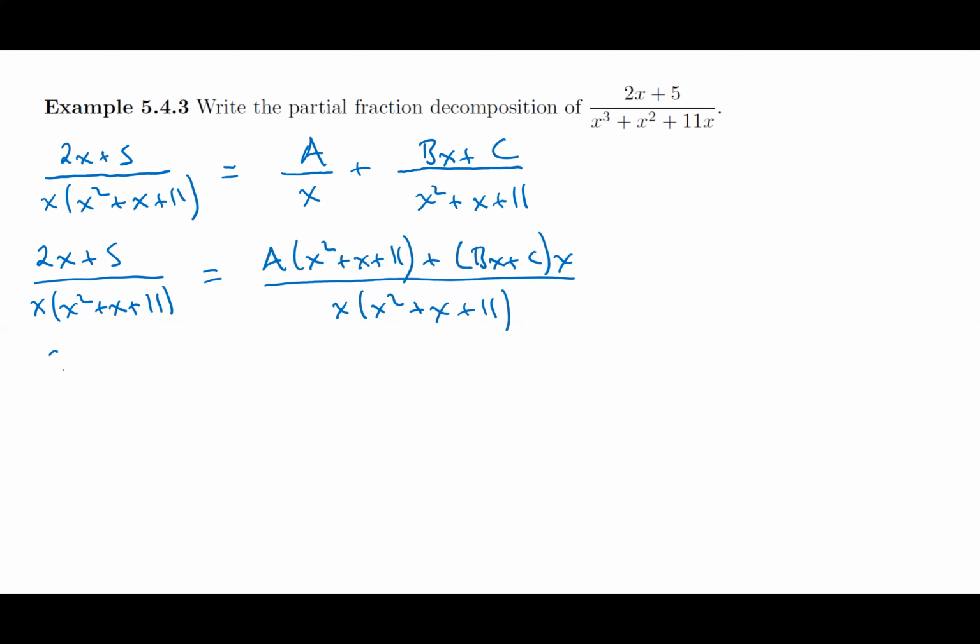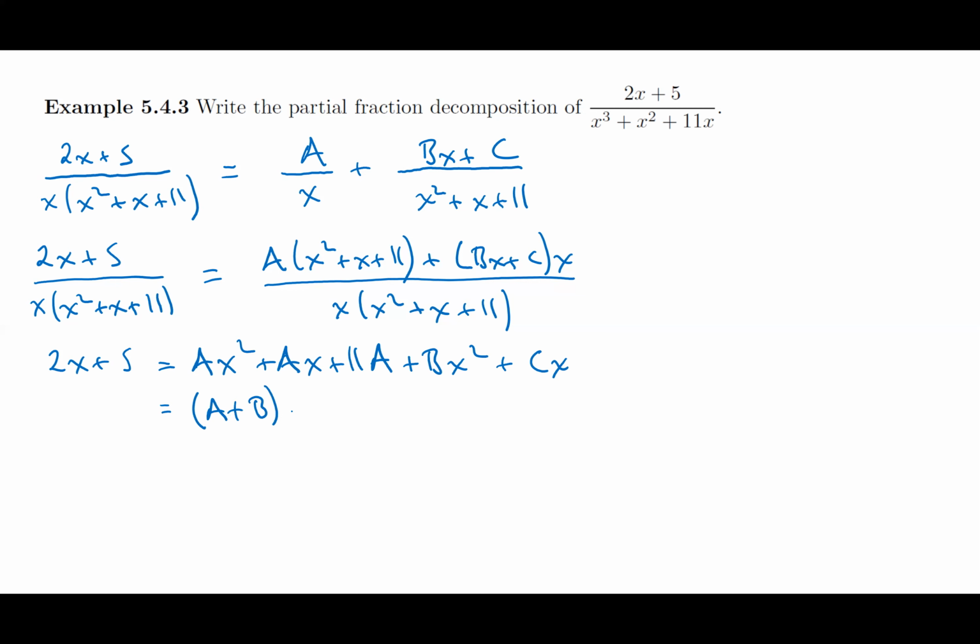And so now I equate 2x plus 5. I'm going to distribute this: ax squared plus ax plus 11a plus bx squared plus cx. And then we're going to group and factor.